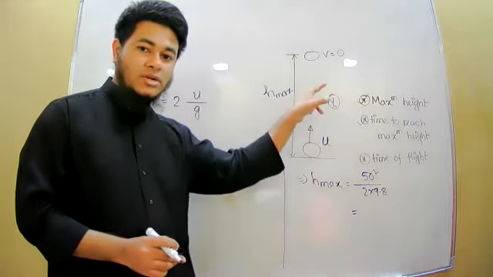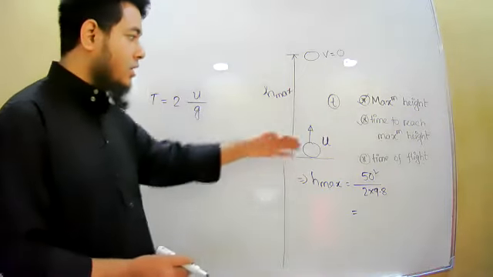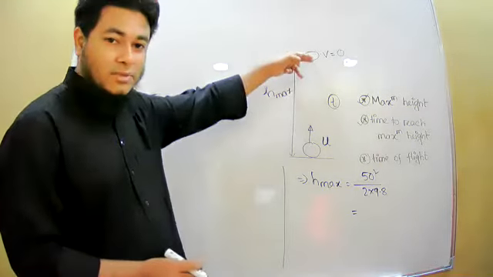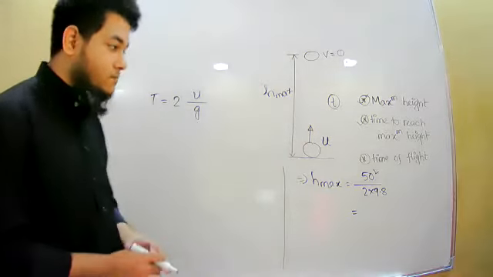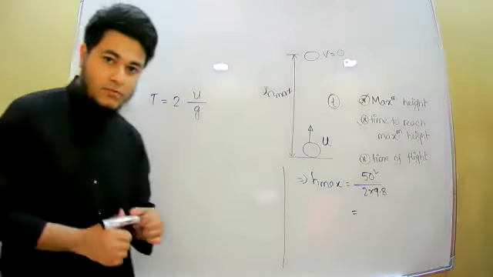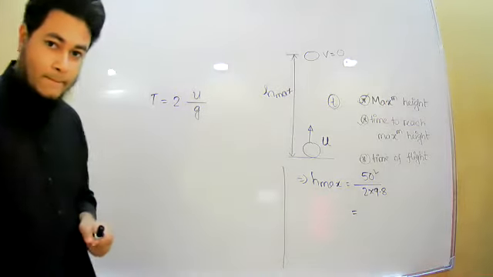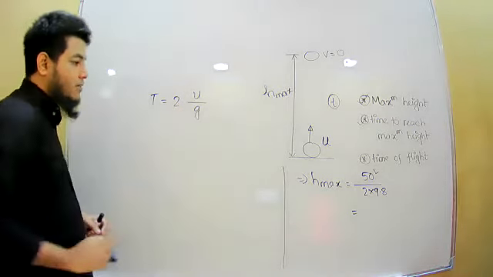In both parts of the journey, it will take the same amount of time. So we double it and we get the time of flight. Is it okay? Everyone, it's okay, right? Yes, sir. So it will be 2 into u divided by g.